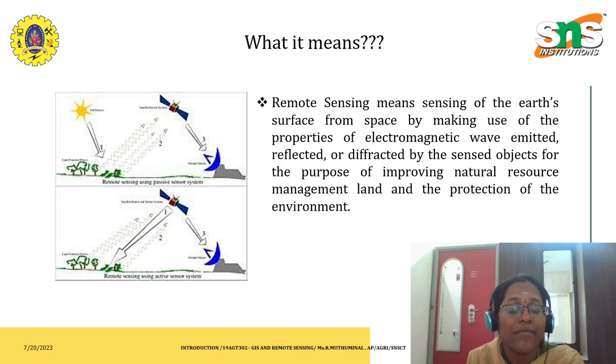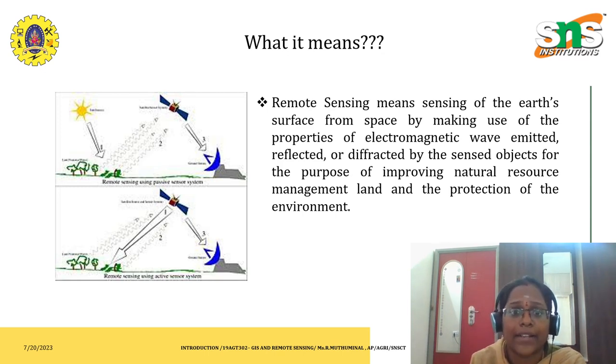That means we know that there are always electromagnetic rays passing over the environmental surface from the sun. Those rays have the capability to get diffracted, deflected, and reflected. When they are reflected from the object, those rays will be sensed with the help of remote sensing satellites, and the data will be collected.